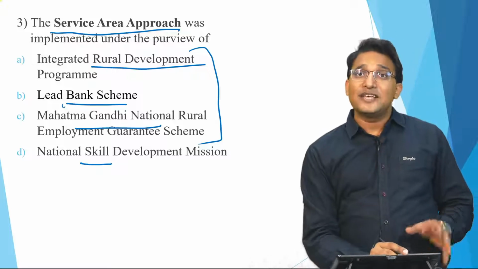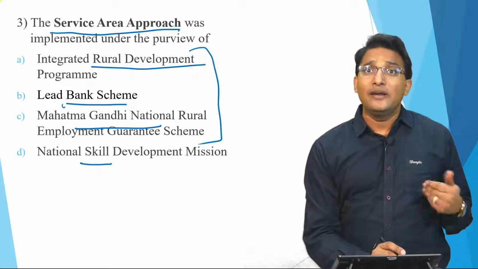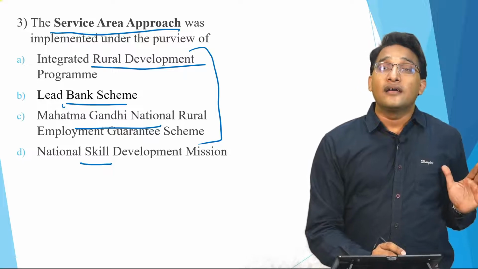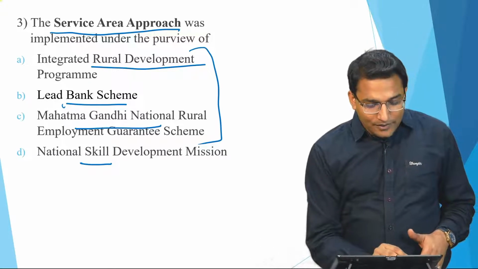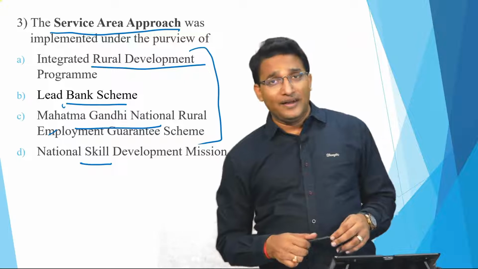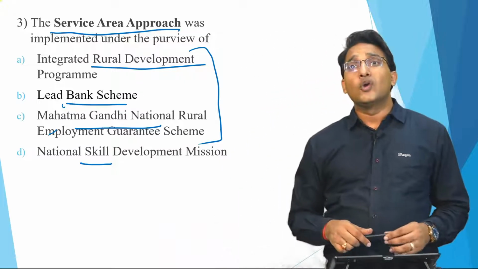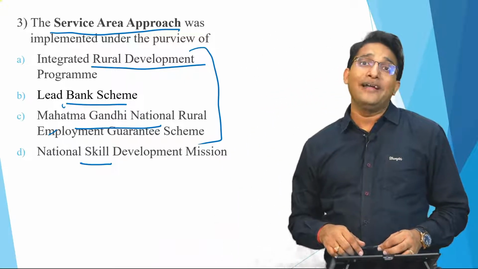Lead Bank Scheme is for a particular district, so it may also look like an area program. And the Mahatma Gandhi National Rural Employment Guarantee Scheme is also rural-focused, so it might also look like a service area.